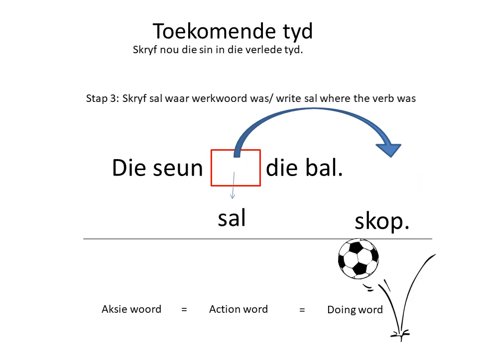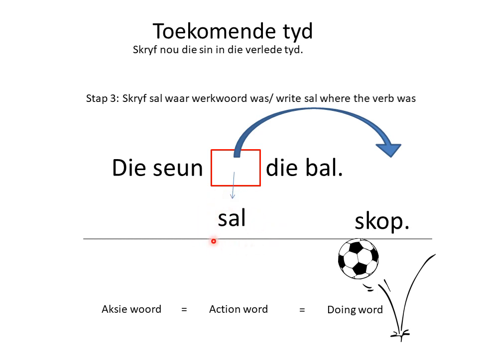Step 3. You need to write sal, waar werkwoord was. Write sal, where the verb was. And of course it's there, because there's now a big hole, and we want this hulpwerkwoord to help us out. They will be helping out by filling up the hole.